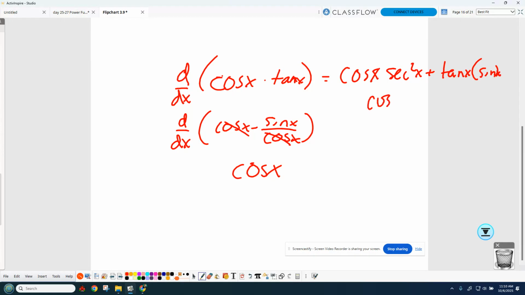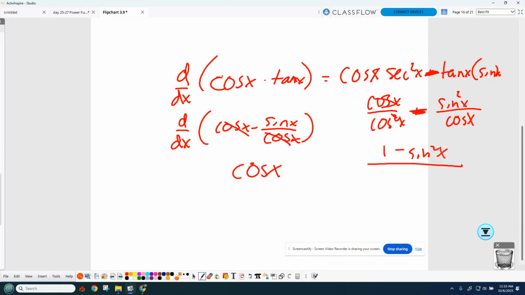So they got cosine over cosine squared, plus sine squared over cosine. One of these reduces. Derivative of cosine was negative sine, so that's a negative. So 1 minus sine squared over cosine.